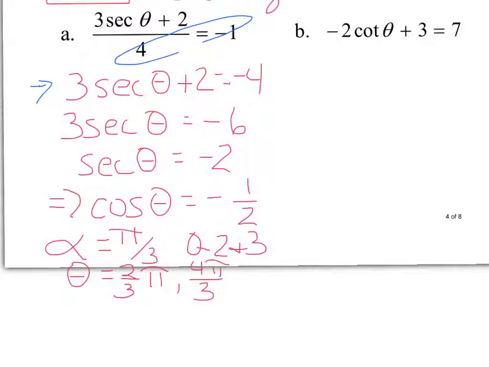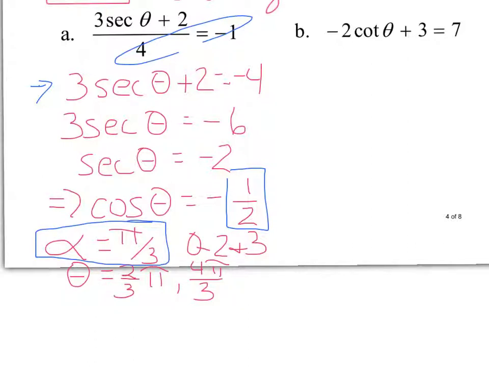Because I know that secant and cosine are reciprocals, cosine theta will be negative 1/2. I'm going to take just the positive 1/2 to find the reference angle. And thinking back, when cosine is 1/2, the reference angle is 60 degrees, or pi over 3 in radians.